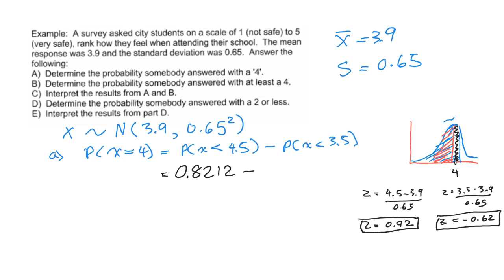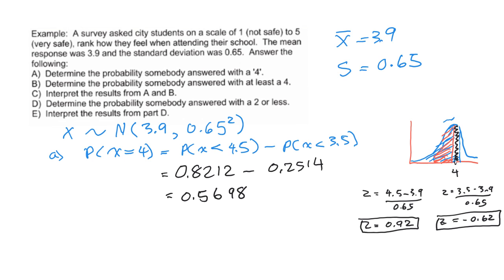And then you're going to subtract it from the Z-score for being less than negative 0.62, which ends up being 0.2514. And that's going to give us an answer of approximately 0.5698.